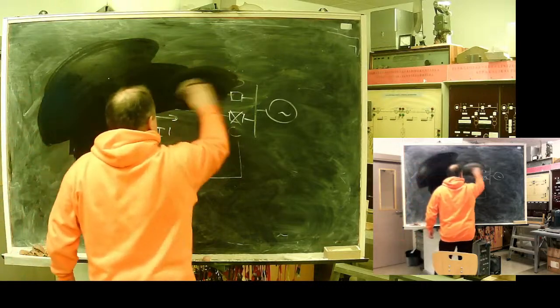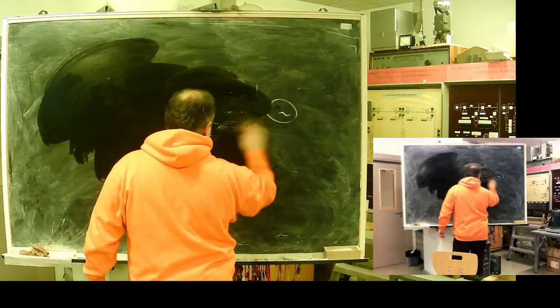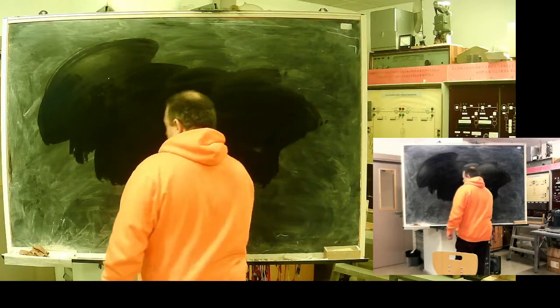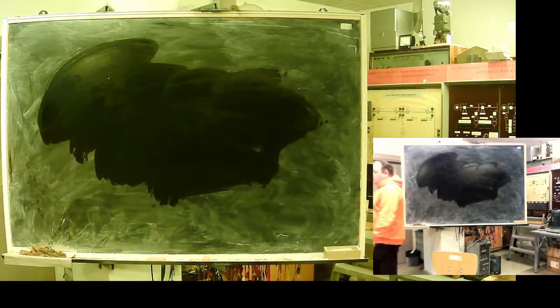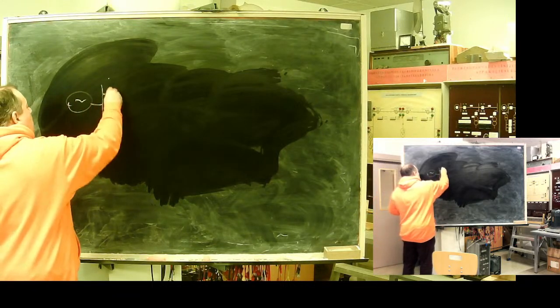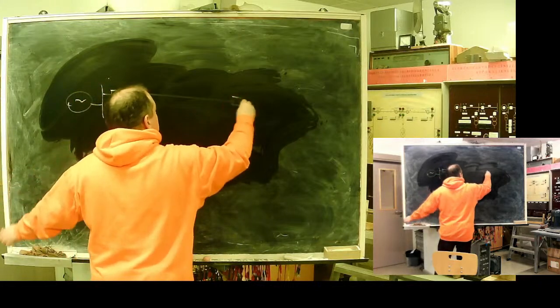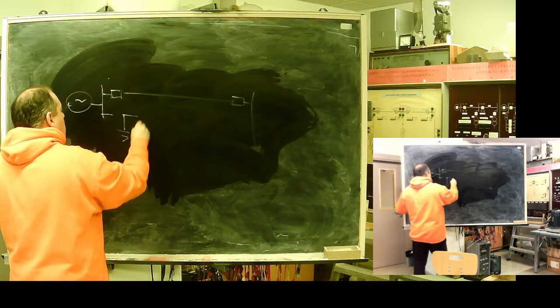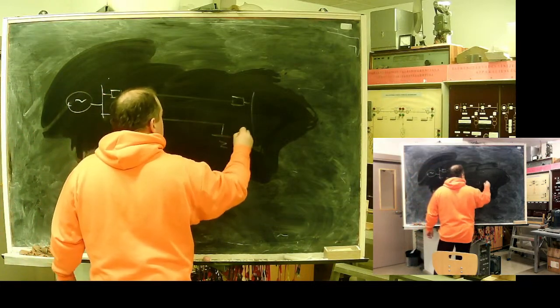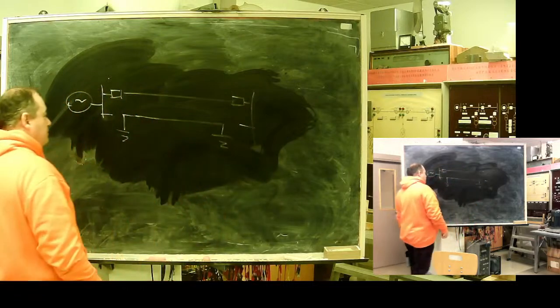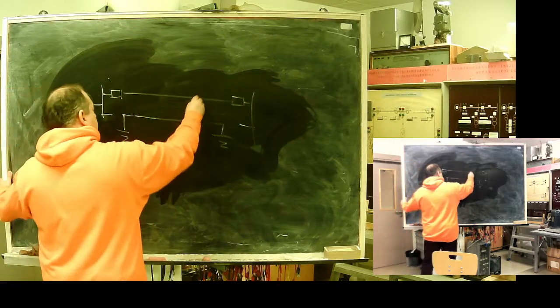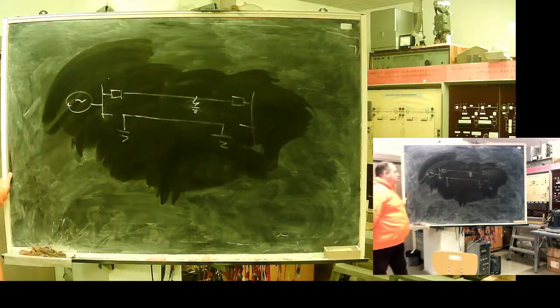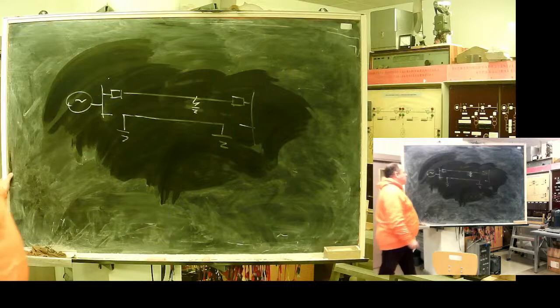One more thing with fault zones. Again, parallel lines. One of the lines goes out for maintenance. Fault. What will happen?